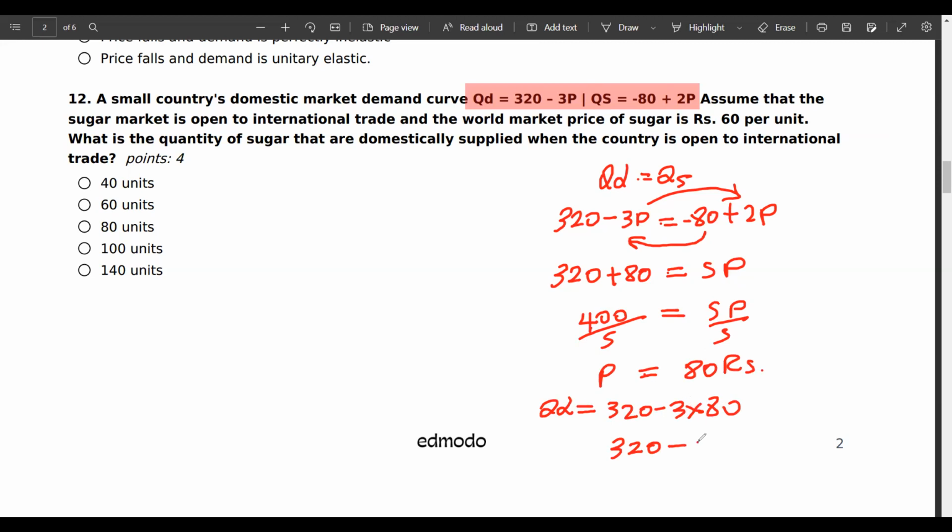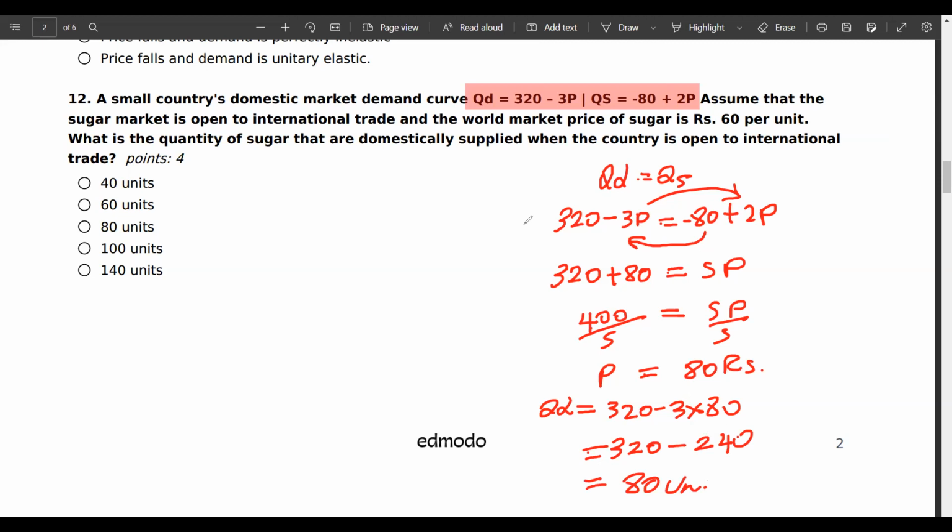That's going to be, I think, 240. So equilibrium quantity is going to be 80 units. So that's the scenario now. ₹80 equilibrium price, and 80 units is the equilibrium quantity. That's the scenario right now. Hope you guys got that.